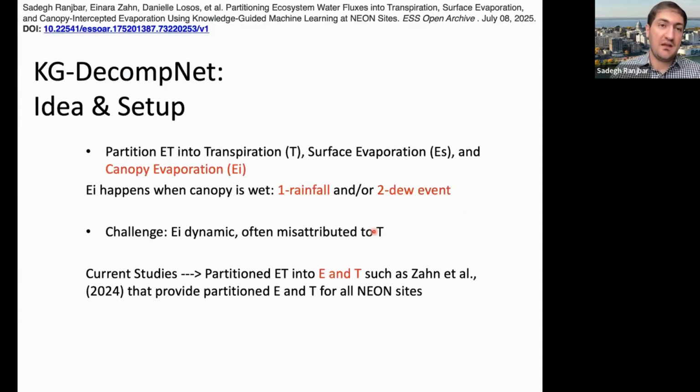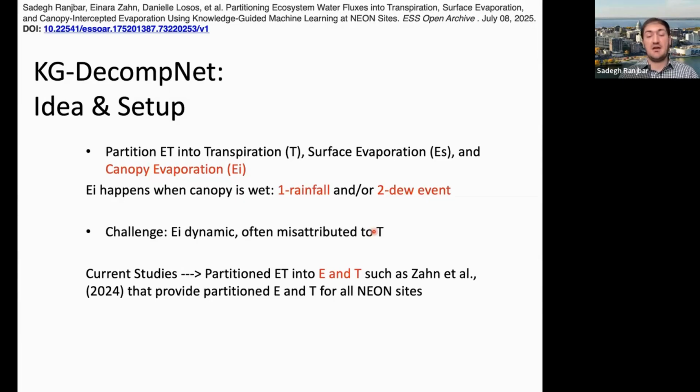All right. After knowing some basics about how KGML came about and how we can incorporate those rules in our data-driven model, let's go to this study that we've done. The idea behind this study comes from a study done by Zhang et al. in 2024.